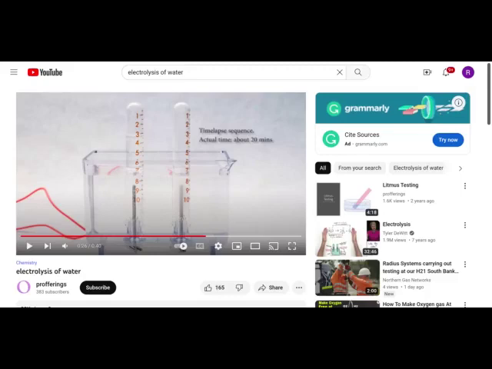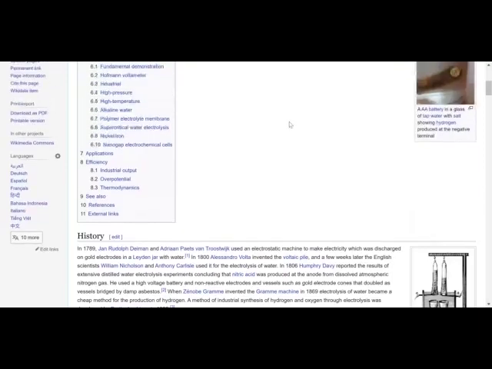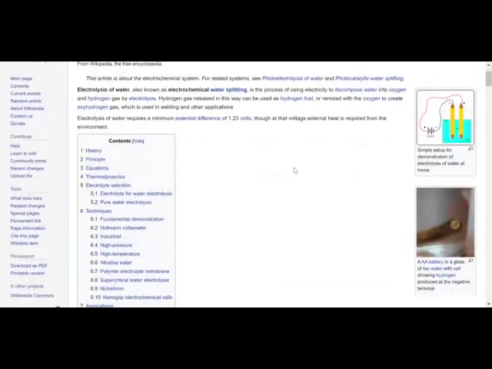So it's a little complicated to understand, but this was discovered in 1789 by some person. I'm just looking it up on Wikipedia. Okay, this is the Wikipedia page for it. You can read up more about it here.